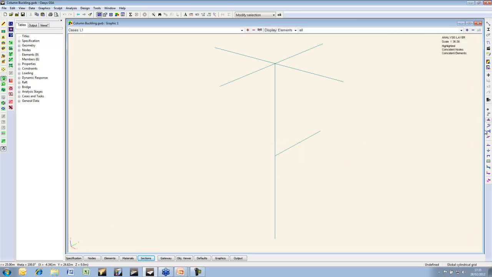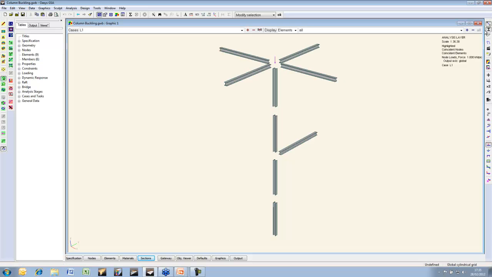Now this column model has a point load at the top, a mid-height minor axis restraint, and a pin support at the bottom. And this load at the top is a unit load, just a single kilonewton.